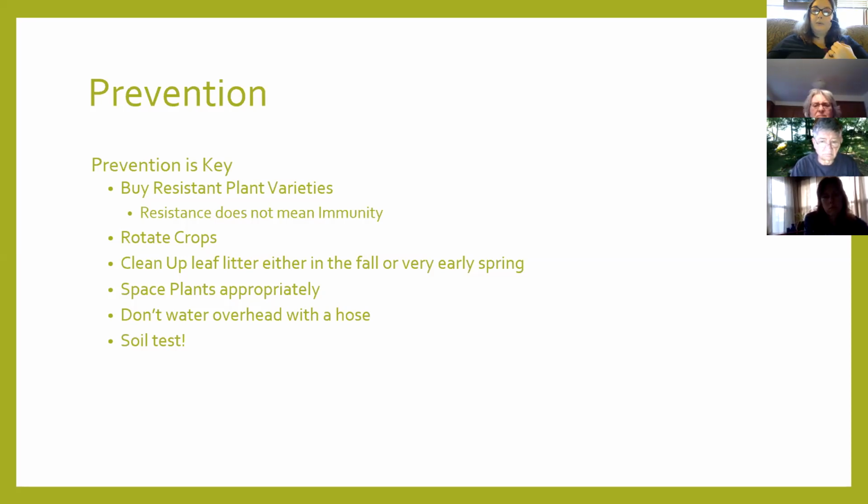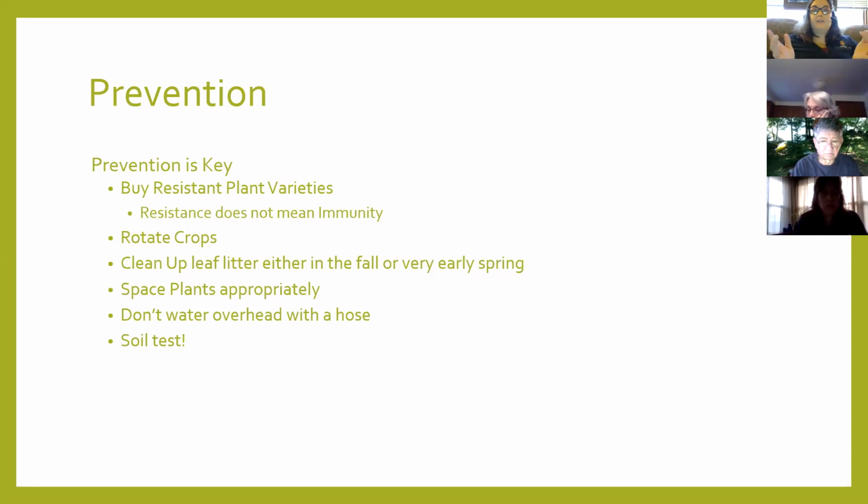Space plants appropriately. If you have overcrowding issues, you're opening yourself up to potential for diseases, especially leaf diseases. And don't water overhead with a hose, because you're likely to create a lot of splash from the soil surface onto the leaves, and then you're opening your plant up to disease there.